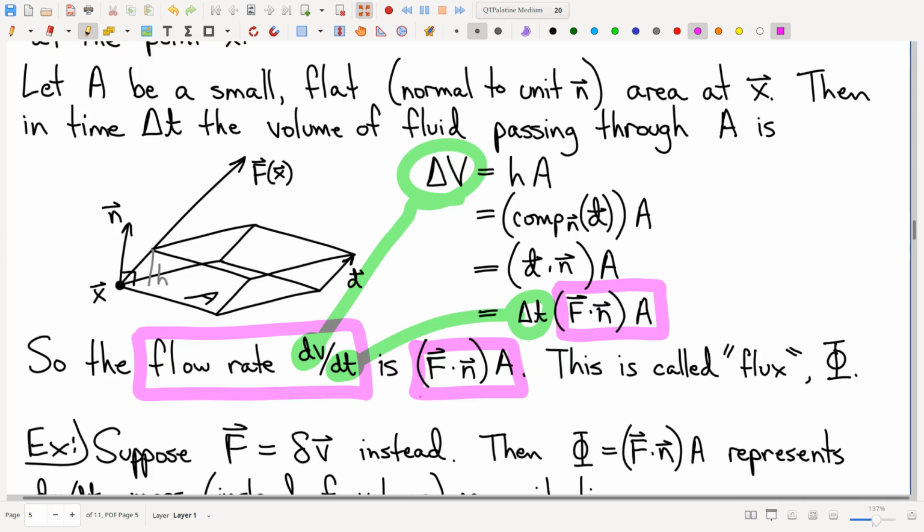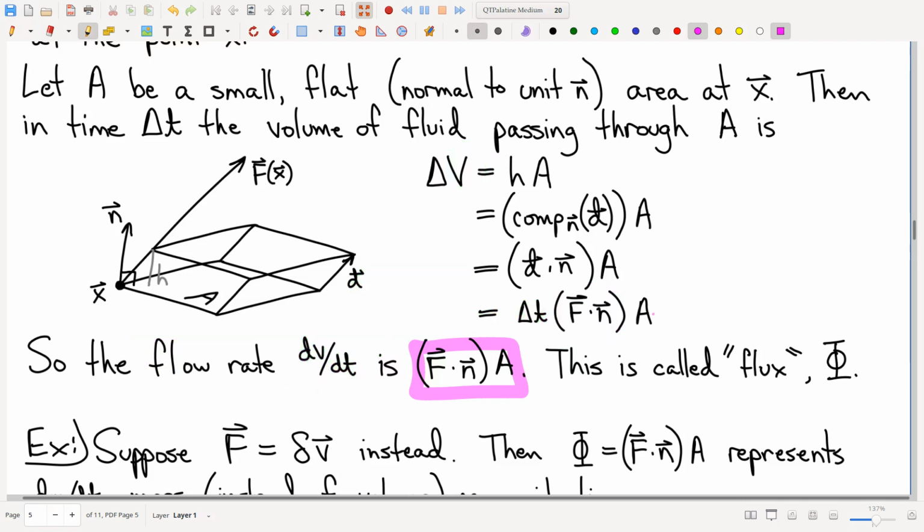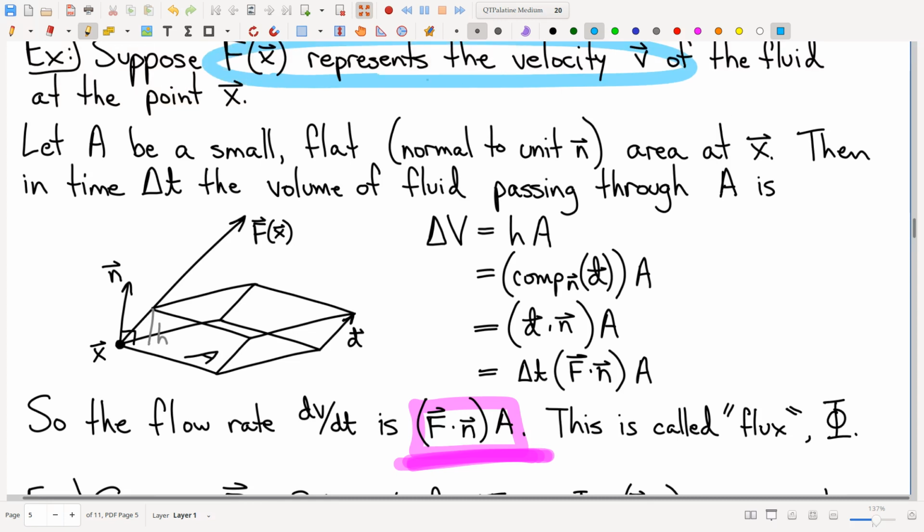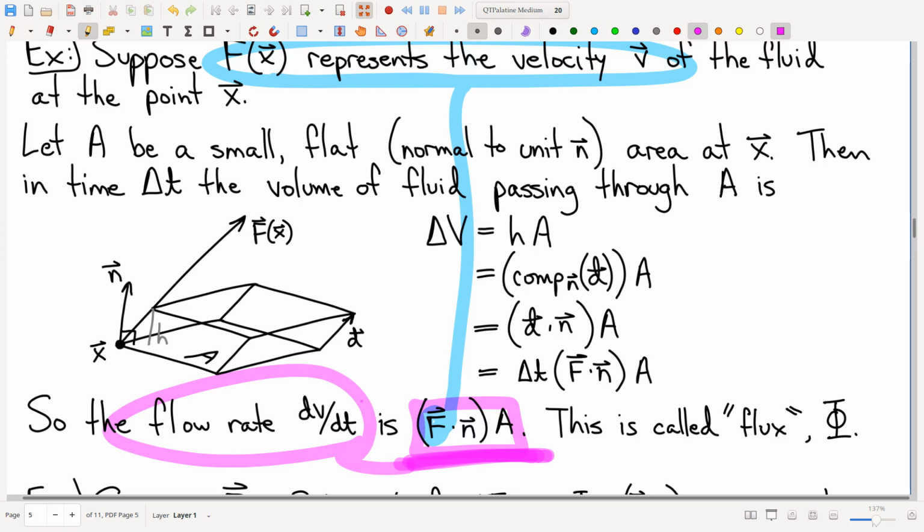Okay, so nice little calculation. For whatever it's worth, this expression is extremely useful for several really good reasons, only a couple of which we are going to see right here. The immediate use we have for this is that if your vector field represents velocity, then this expression tells you flow rate. That's a really nice interpretation.